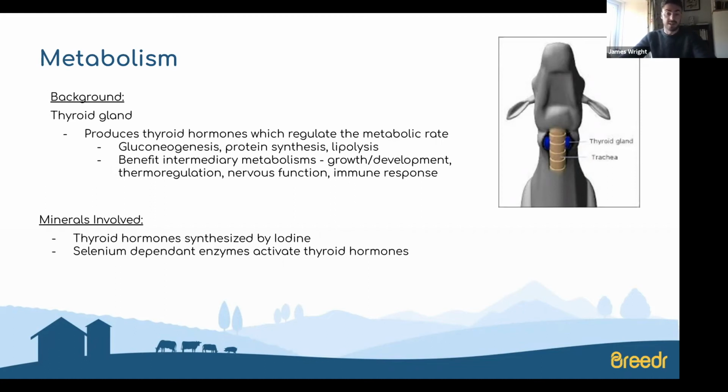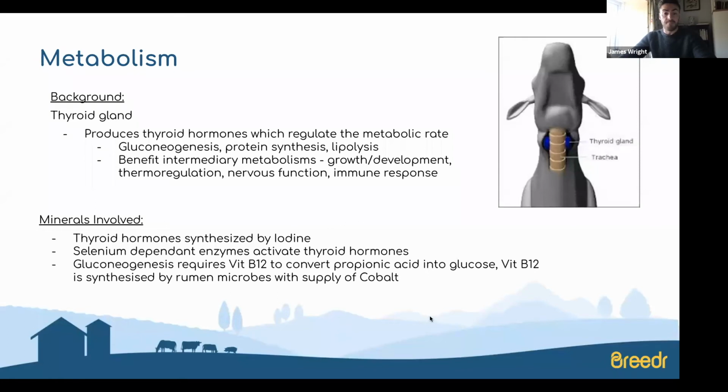So as we said before, enzymes are there to activate and drive processes forward. Well, these particular enzymes require selenium. So again, iodine and selenium, really important. And then just going back to gluconeogenesis, in order for the animal to produce her own glucose, she needs vitamin B12.